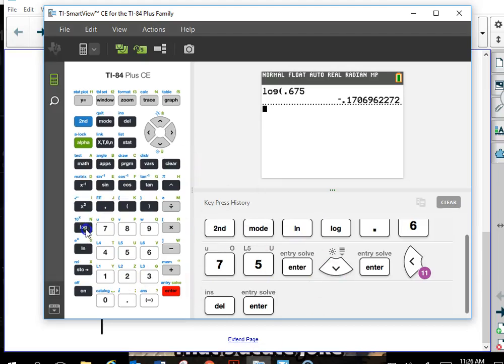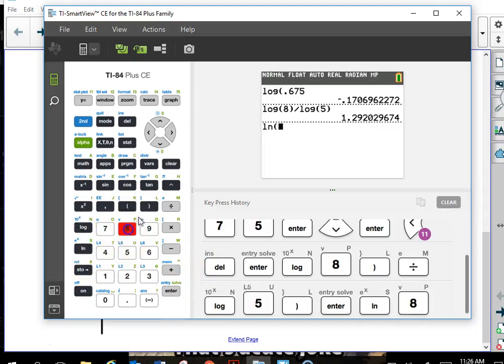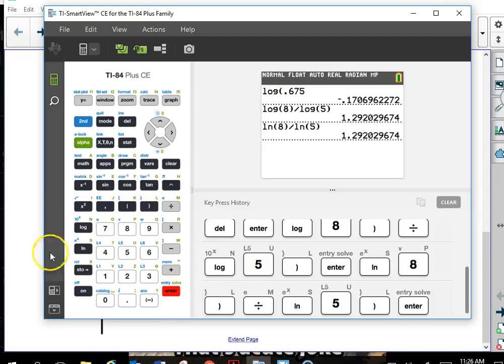Here's what I mean. We can type natural log of 8 divided by, and we want to close that parentheses, on the natural log of 5. And we can do the same with the common log. Exact same number.